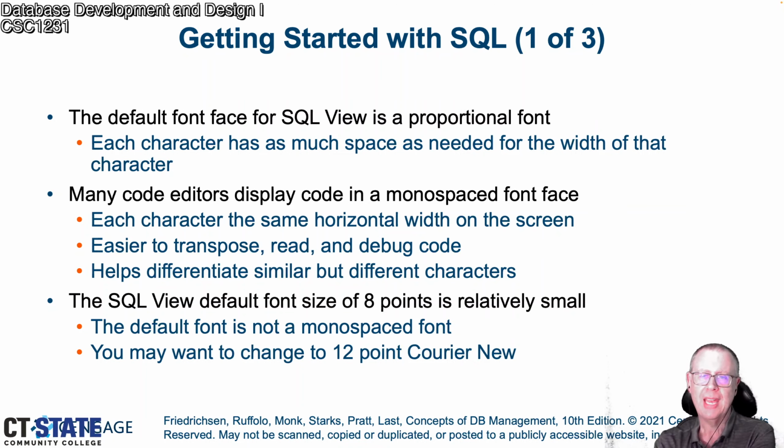Usually it's good to have a fixed width font, but it doesn't really matter. The SQL view default font size is 8 points. Maybe that's too small. Sometimes bigger is better. And the default font is not monospaced, so you may want to change it to 12 points instead of 8 and change the font to Courier New.